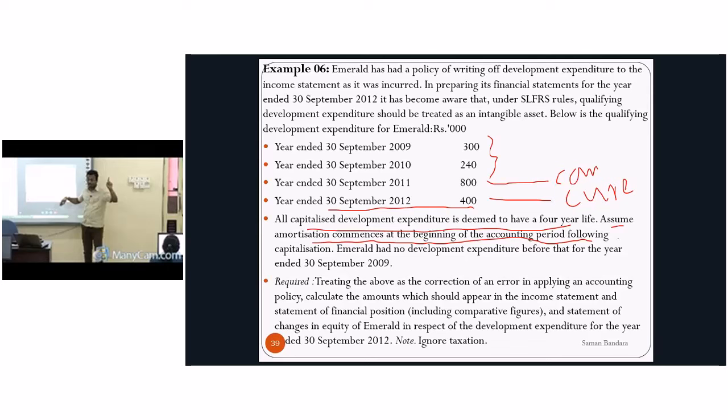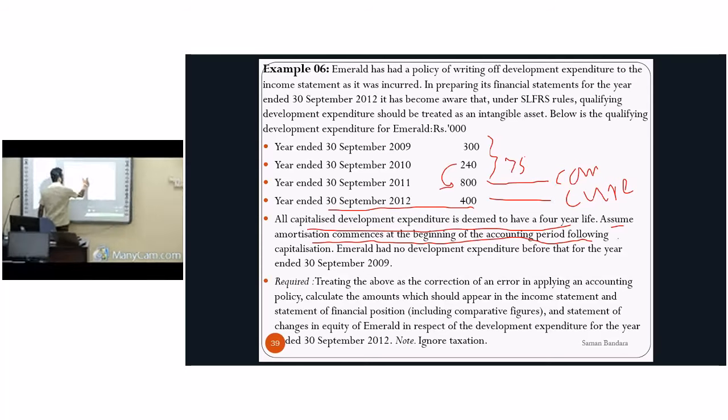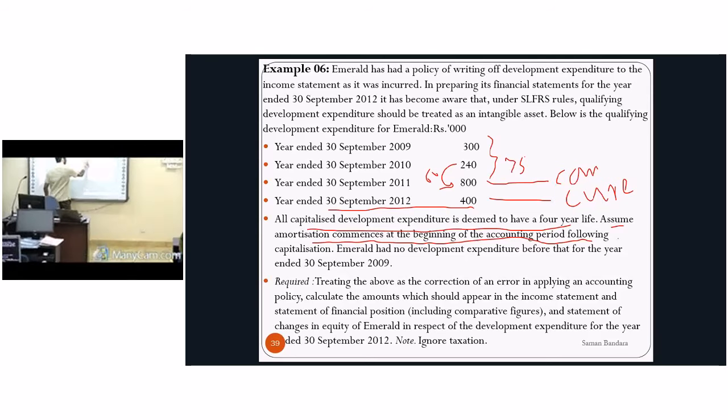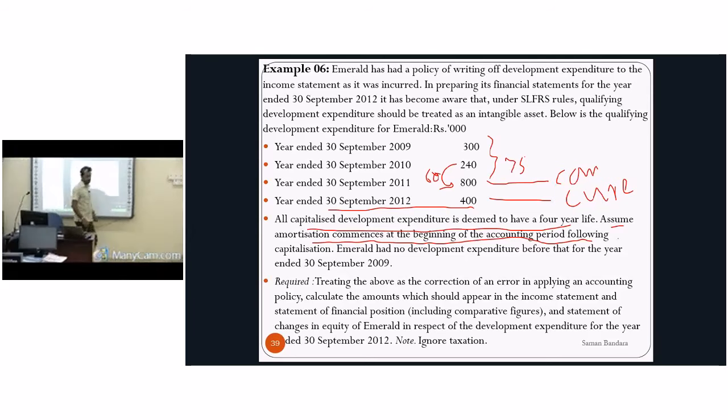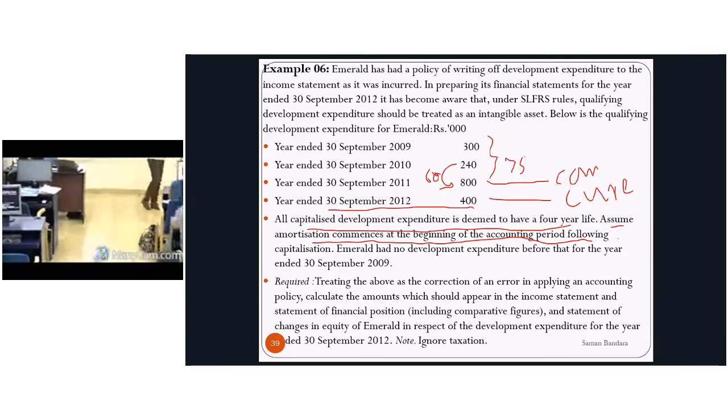It means 75 should be recognized as expense for which year? This year. Out of 240, 1/4 means 60 should be recognized as expense for which year? Next year. Understand?